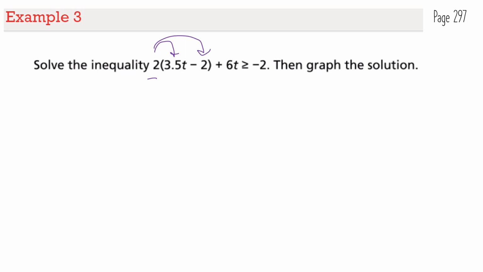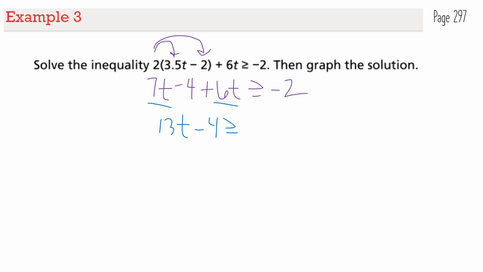So that becomes 7t minus 4 plus 6t is greater than or equal to negative 2. Now we have to combine like terms. We need to combine that 7t and 6t. So that's 13t minus 4 is greater than or equal to negative 2.